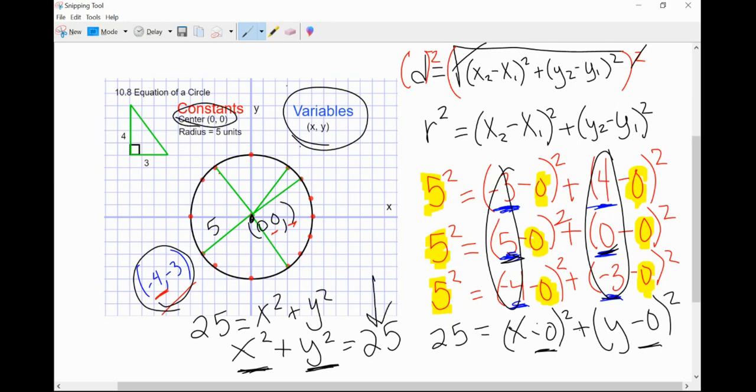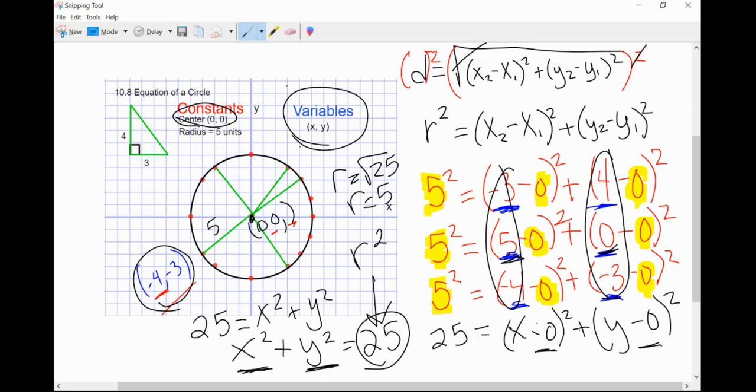Now, this part right here, we know that that is the radius squared. So if 25 is the radius squared, you would know if you saw the 25 that the radius is equal to square root of 25 or 5, because this right here is always going to be the radius squared. All right.